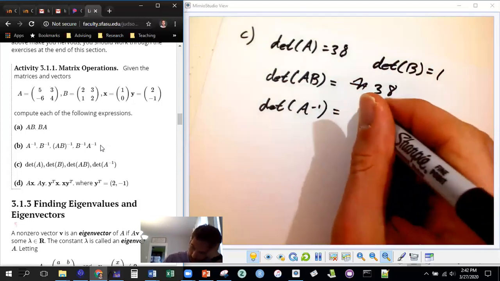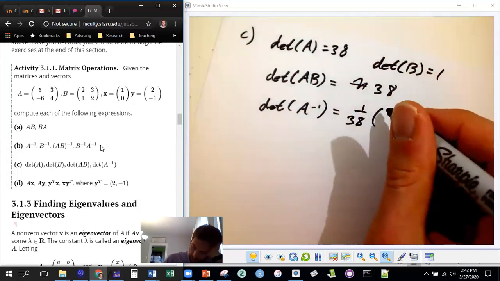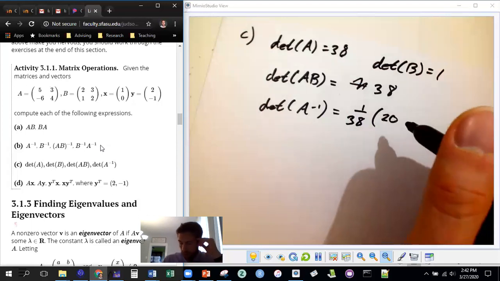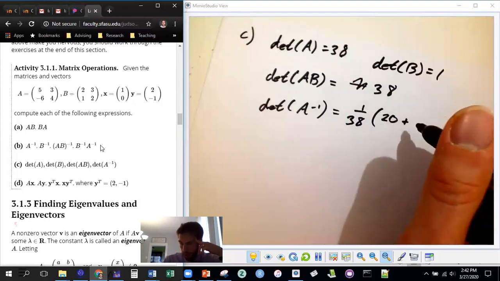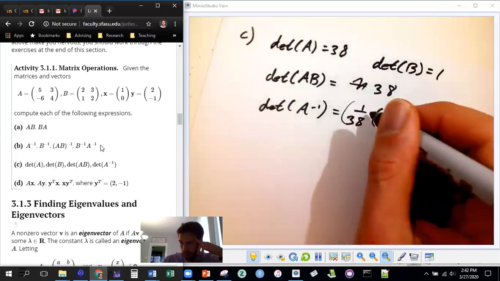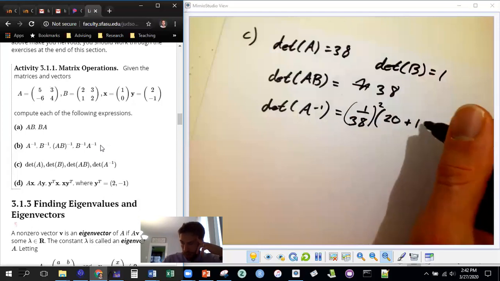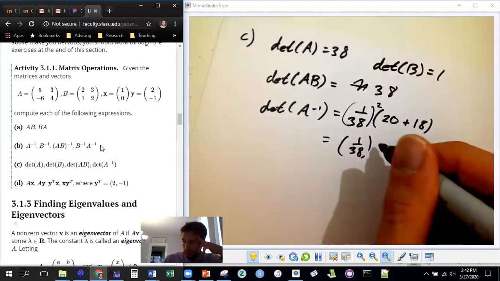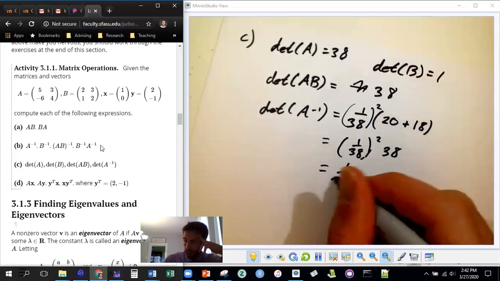So 1 over 38 times 20 minus 4 times 5 is 20, and then minus to plus, 20 plus 18, equals 1/38 squared times 38 equals 1/38.